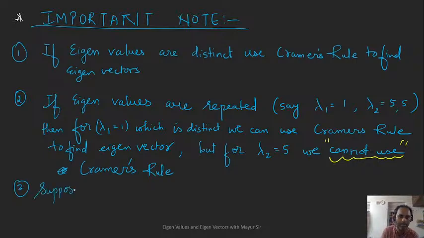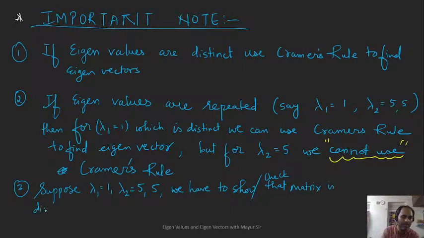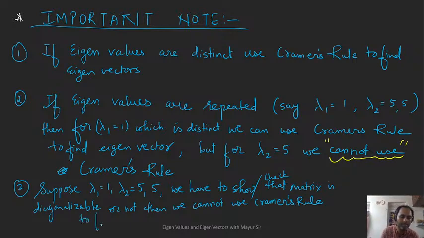Suppose lambda 1 is 1 and lambda 2 is 5, and we have to show or check that the matrix is diagonalizable or not, then we cannot use Cramer's rule to find the eigenvector.